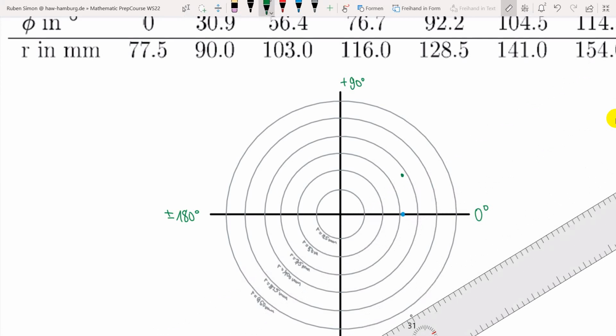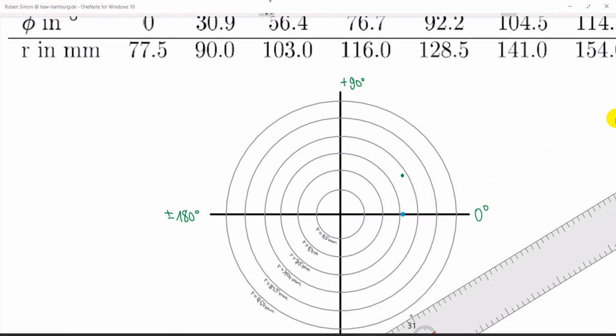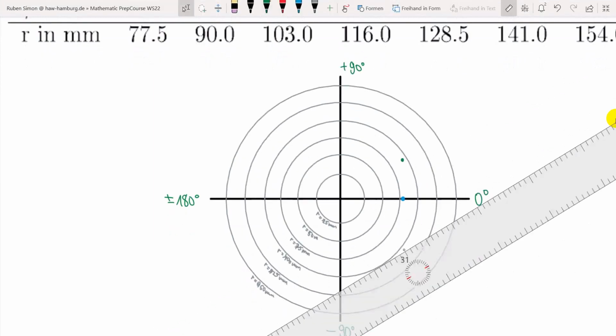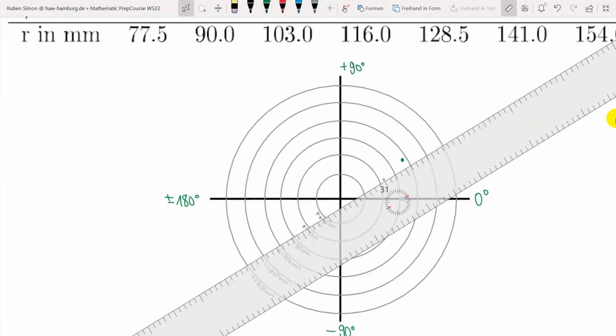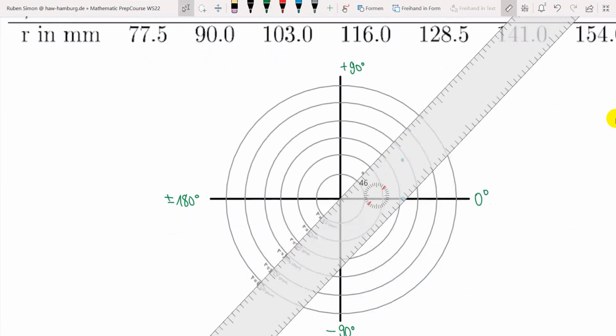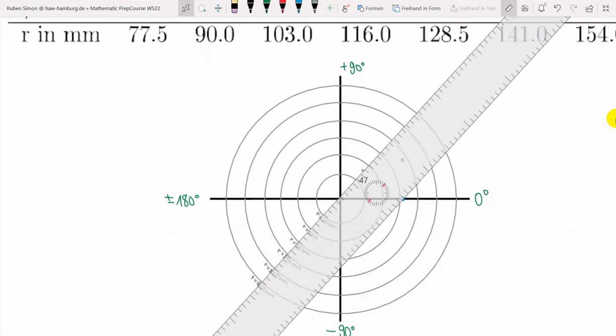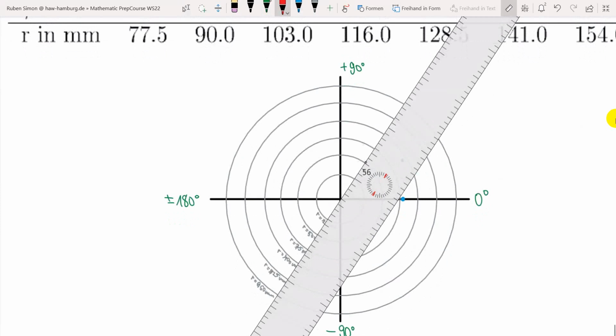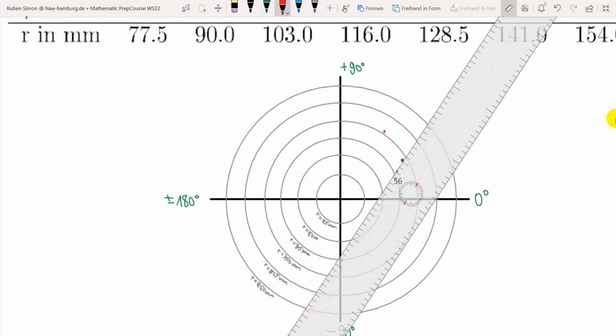Okay, and this is how the system works. So let's go on with 56.4 degrees. So 56, and we have a radius of 103 millimeters now. So the next point will be quite near to the 100 millimeter circle, around here. This will be the next point in the coordinate system.